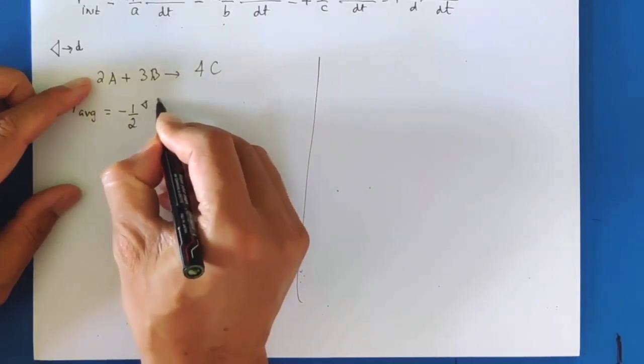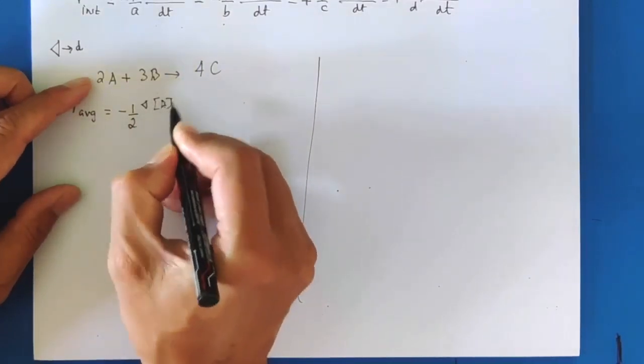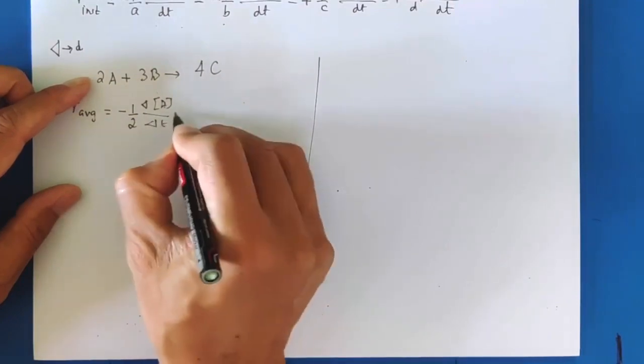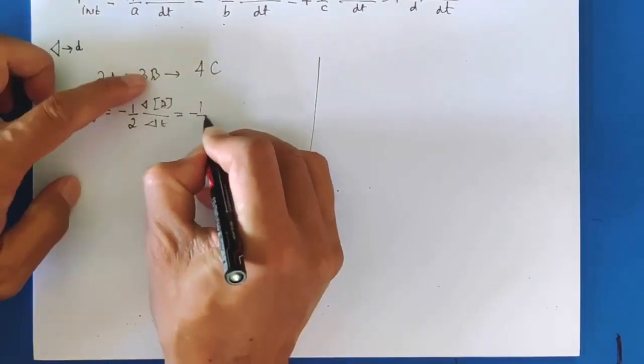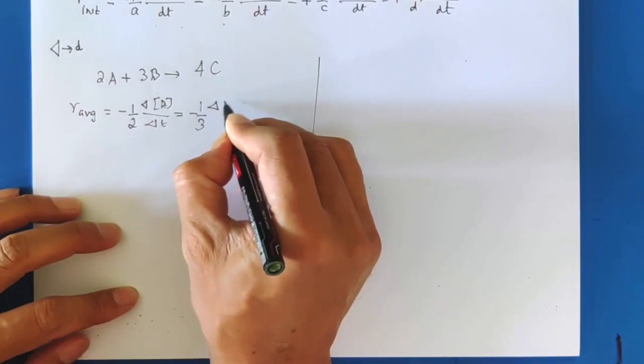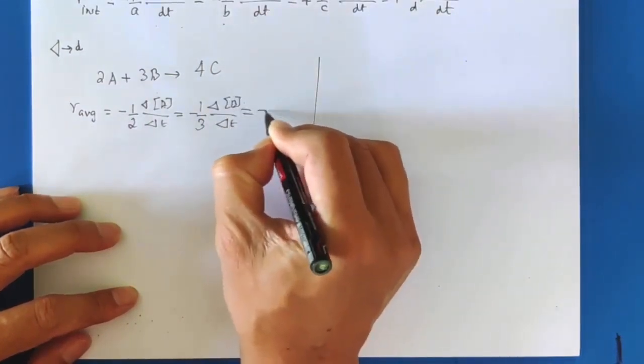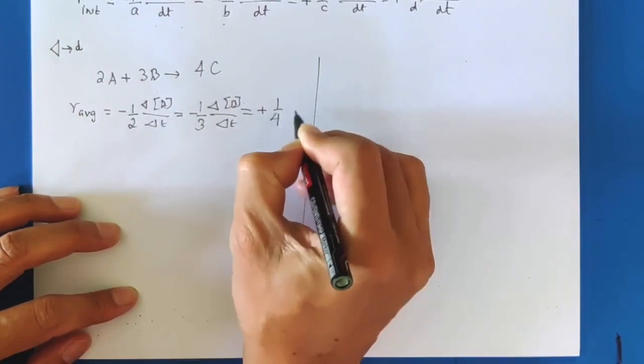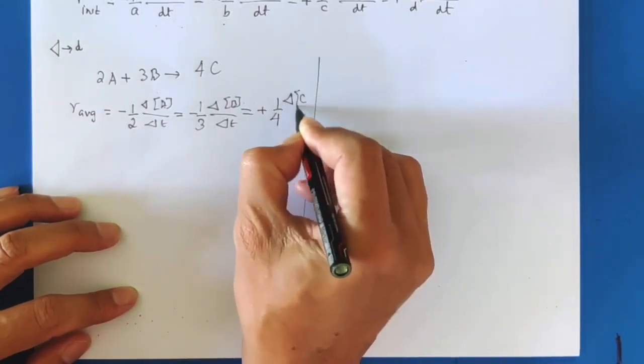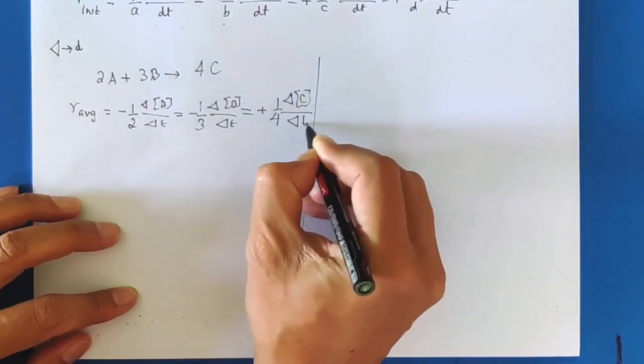So minus 1 by 2 del a del t equal to minus 1 by 3 del b del t equal to plus 1 by 4 del c del t.